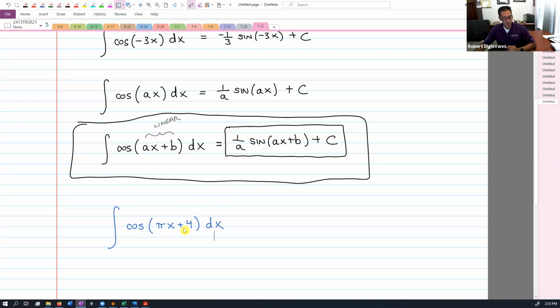We should know then that the antiderivative of this is going to be 1 over the a, which in this case is pi, and then sine of everything that was in there. And if you don't believe it, just take the derivative of this and you'll see it comes out to be this.